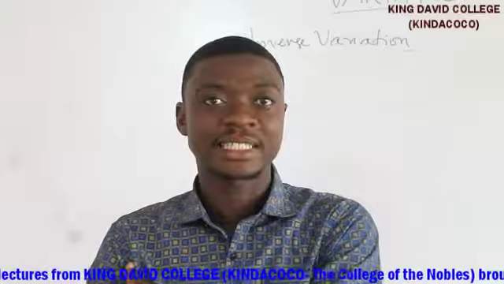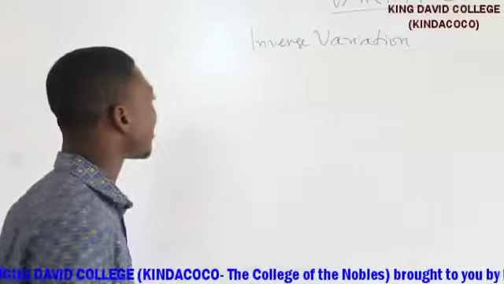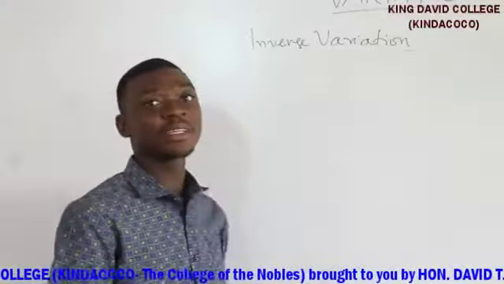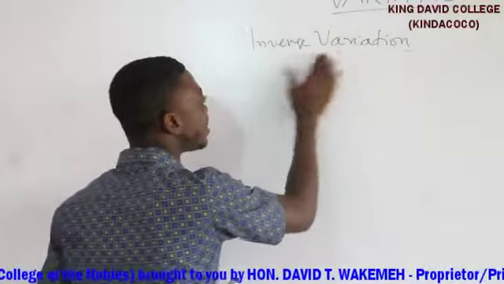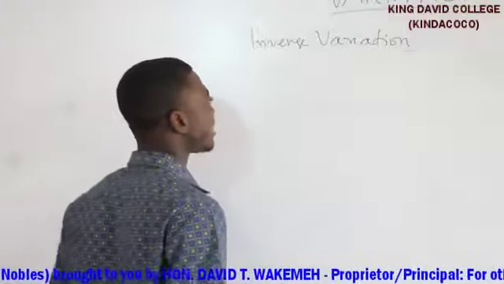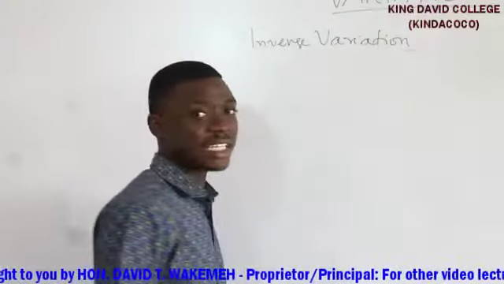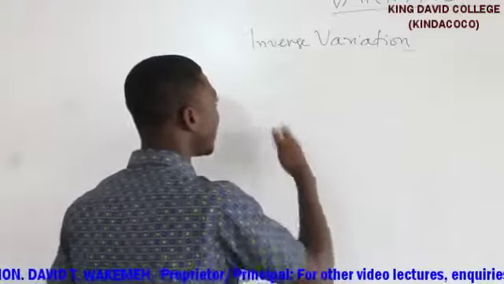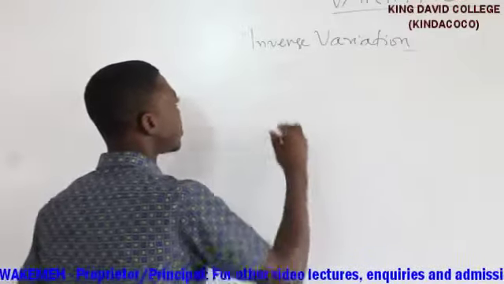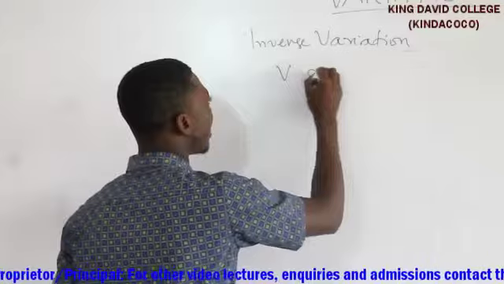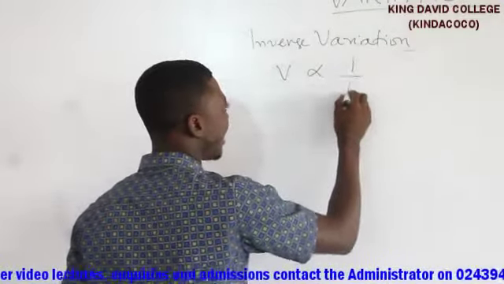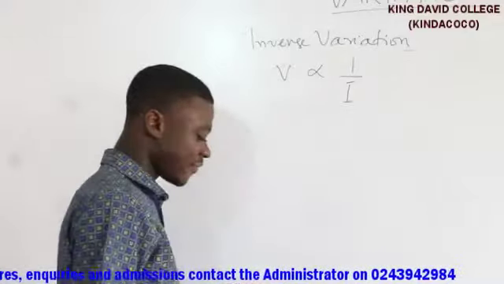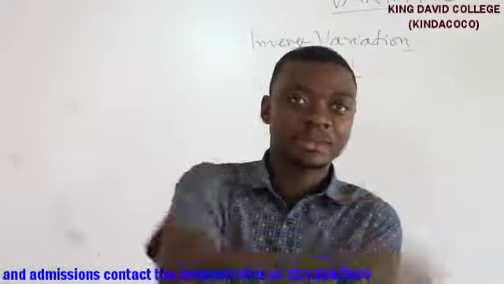So this quantity varies inversely as the other. Then when that happens, it's just a matter of flipping the order. Turn it upside down. So let's use our initial one, we want V and I. So let's say V varies inversely as I. So you just do 1 over I. When you hear the word inverse, inverse simply means you interchange the position.